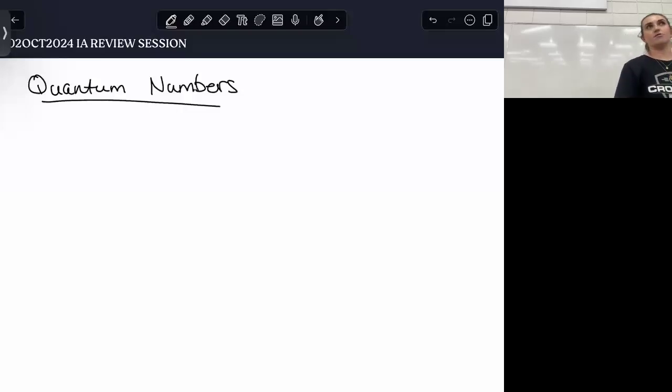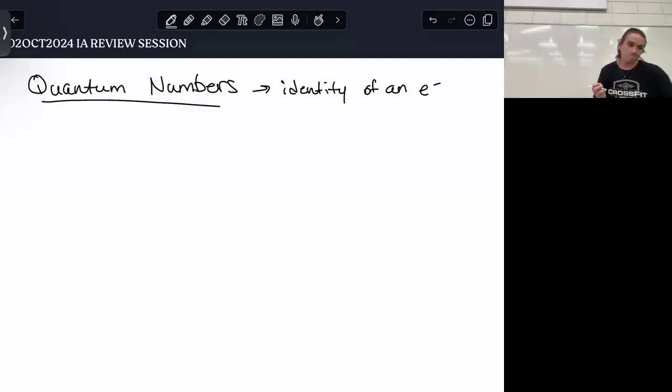I want you to think of quantum numbers as like your UIN, but for an electron. This identifies a specific electron. Identity of an electron.